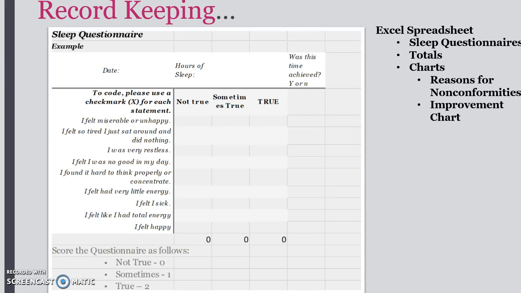Like I just stated, I created an Excel spreadsheet. Within it I had the sleep questionnaires, calculations, totals, charts, reasons why I didn't meet the goals. I also had improvement charts.